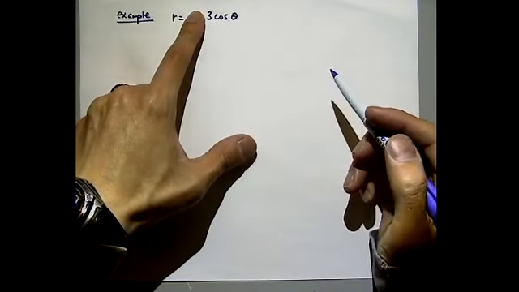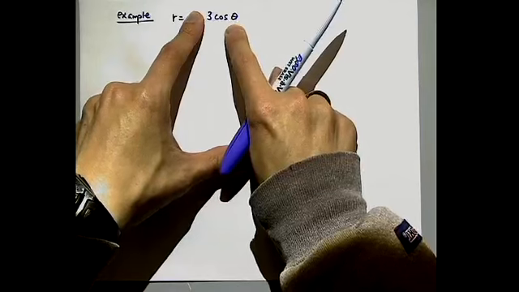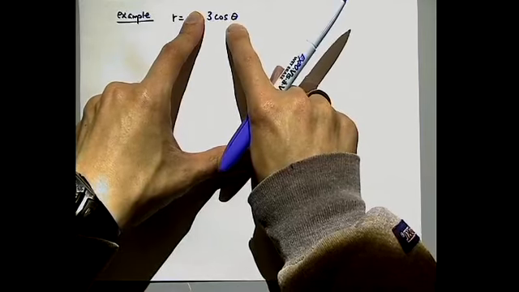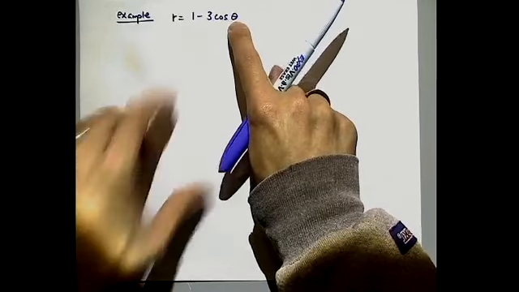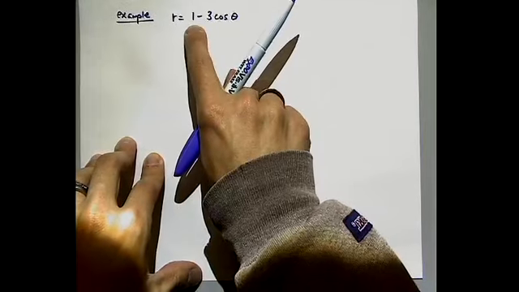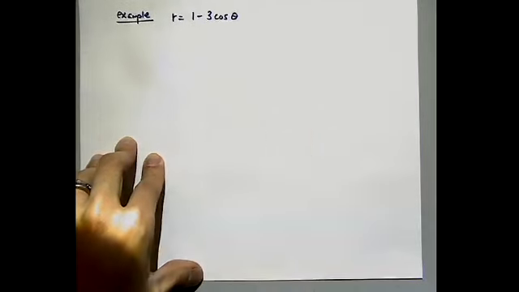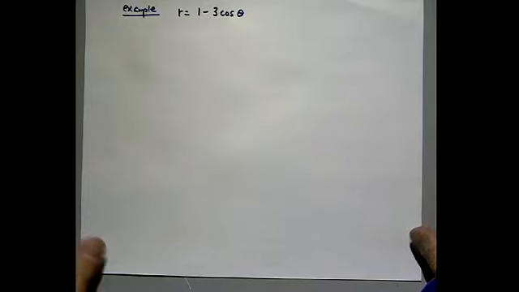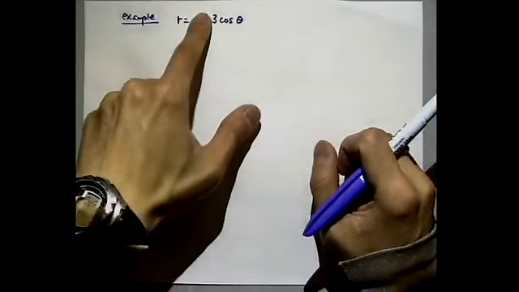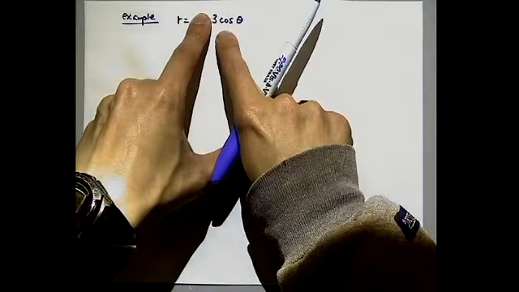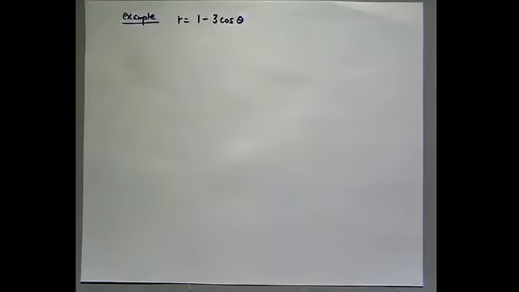Without this 1 minus, I know this is a rose with 1 petal sitting on the axis. But when you throw this other thing in here, the shape changes dramatically. Once again, without this, we're going to get a circle. But with this, what exactly do we get? We'll find out.